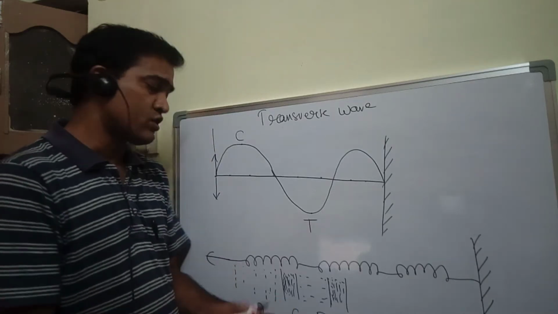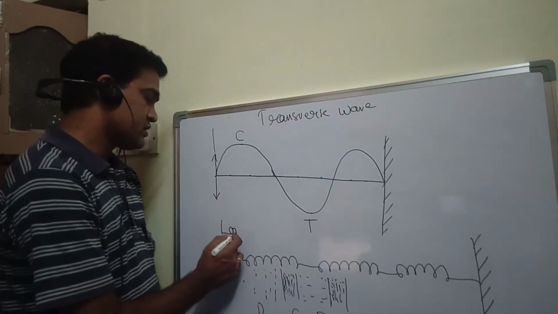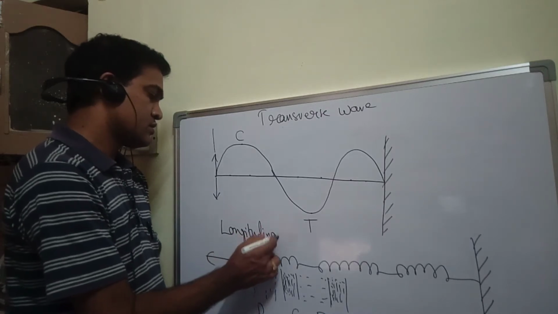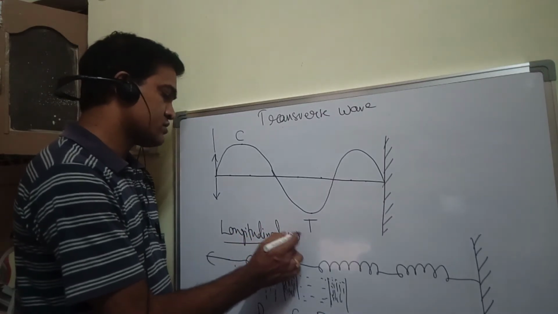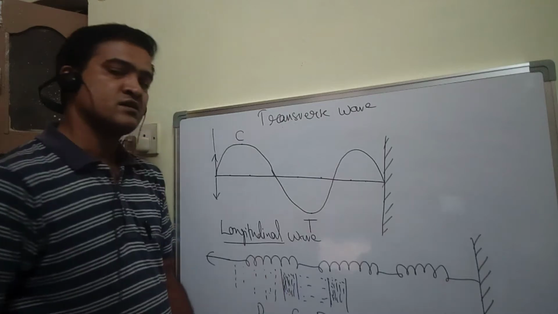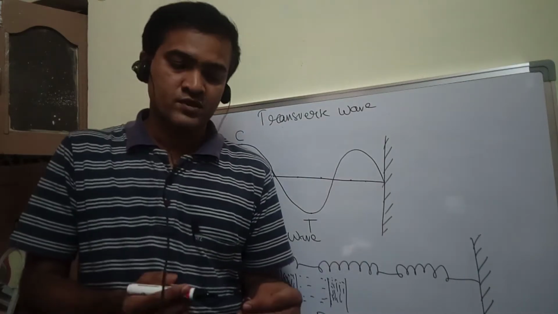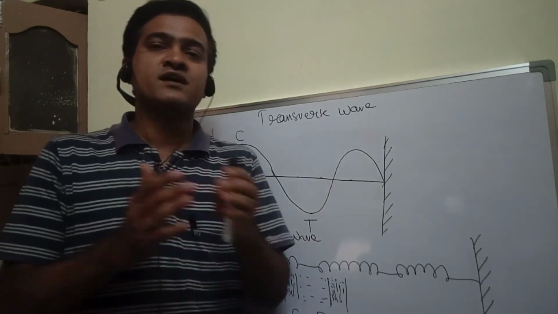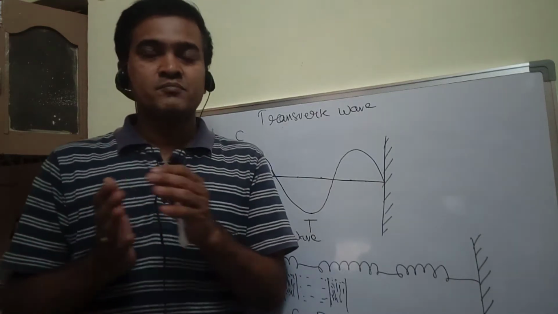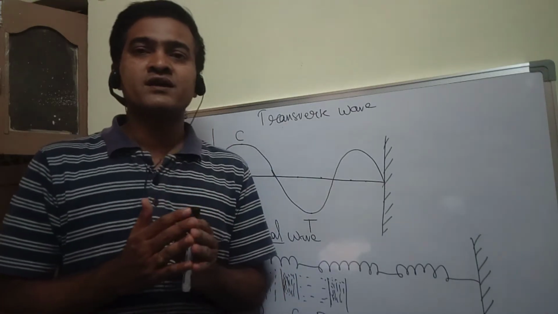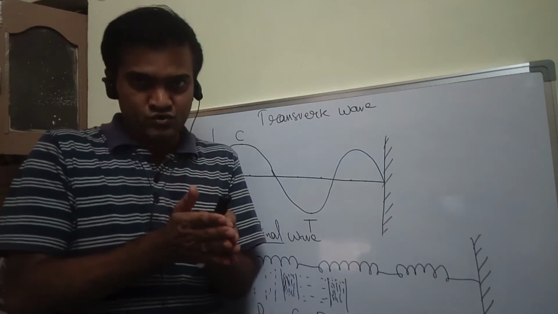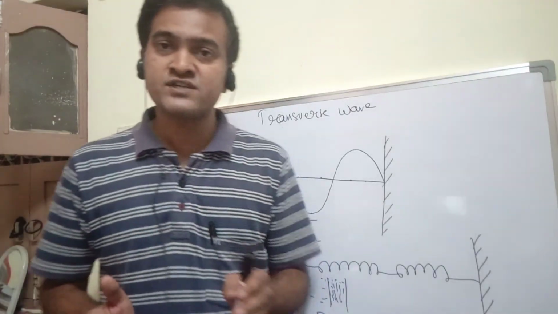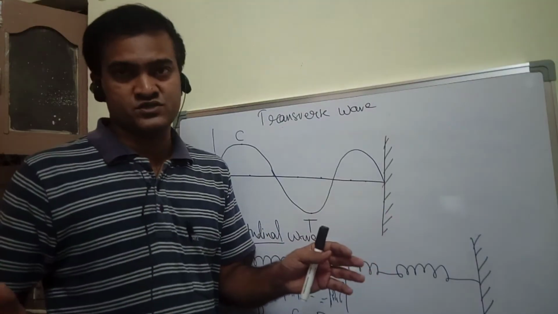So in case of a longitudinal wave, there are two regions called compressions and rarefactions. Compression is a region where the particles come very close to each other, whereas in the region of rarefaction, the particles move apart from each other.